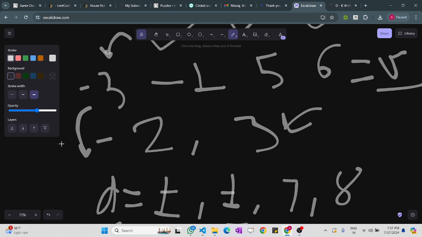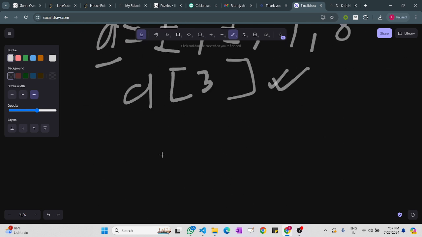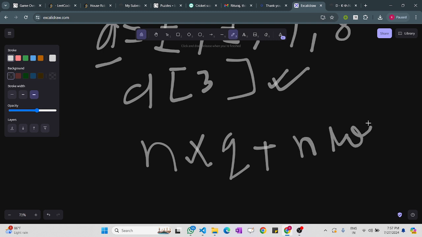And I will do this for every v1 of i, right? It means I will have to run the second loop q times, and also sort the vector, which takes n log n, so the complexity is n times q plus n log n for sorting.